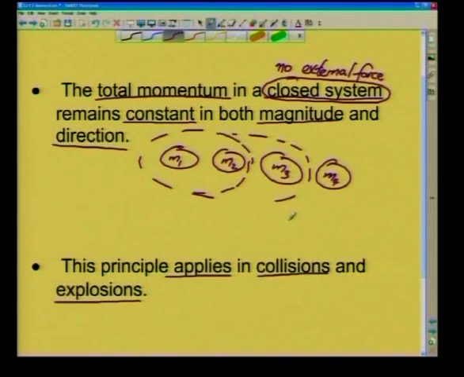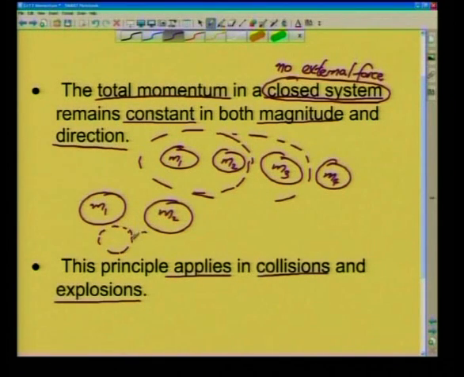So it's a system. Now, this principle would apply when object 1, mass 1, moves towards object 2, mass 2, and they collide, okay? And something happens there. This principle will apply there.